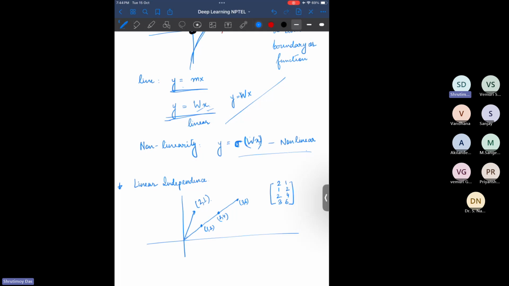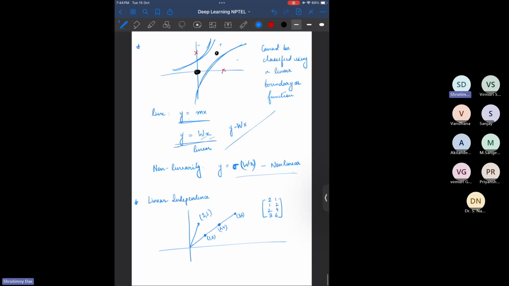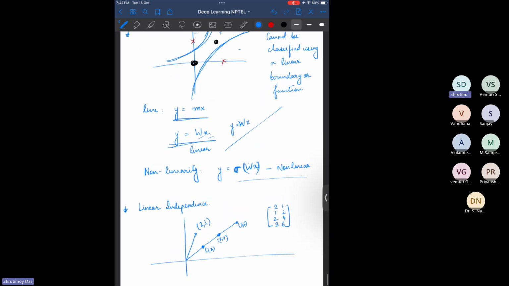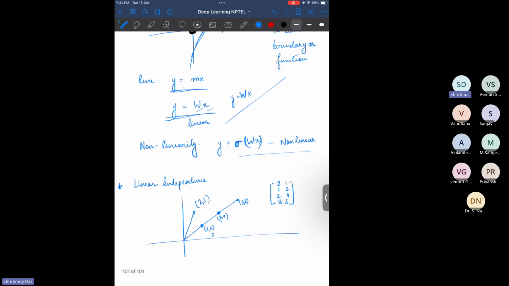Here you see these 3 points lie on the same line, right? Suppose this is my point A, so I can write the next point as 2 times point A, and this one as 3 times point A. And we have some other point B. So I have B, A, 2A, 3A.